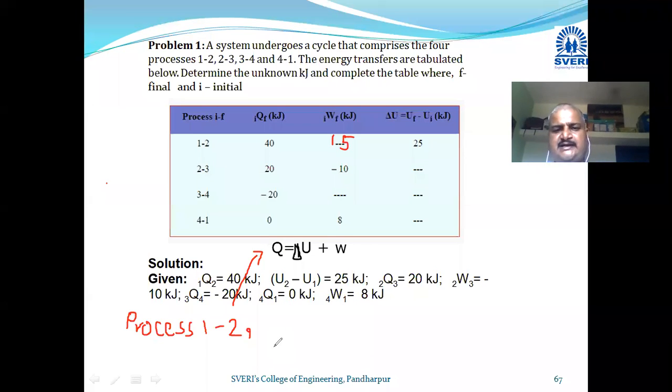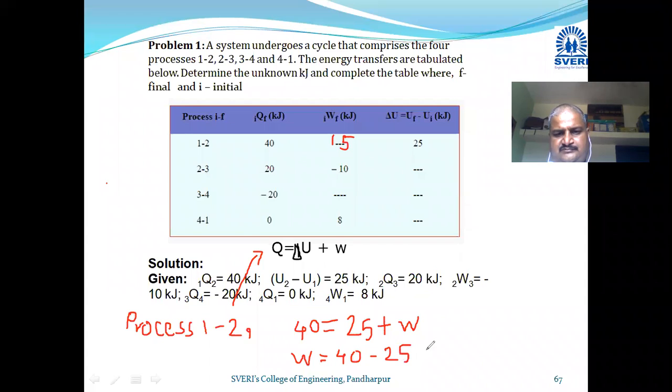Q is equal to delta U plus W. Q is 40, delta U is 25, plus W. So W is equal to 40 minus 25, which is equal to 15 kilojoule.